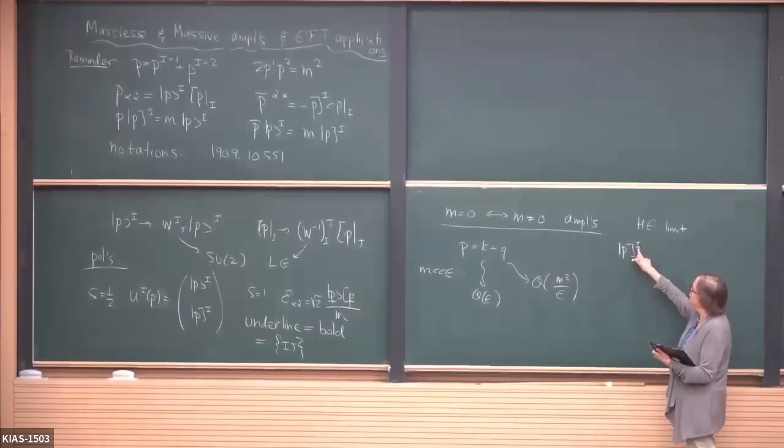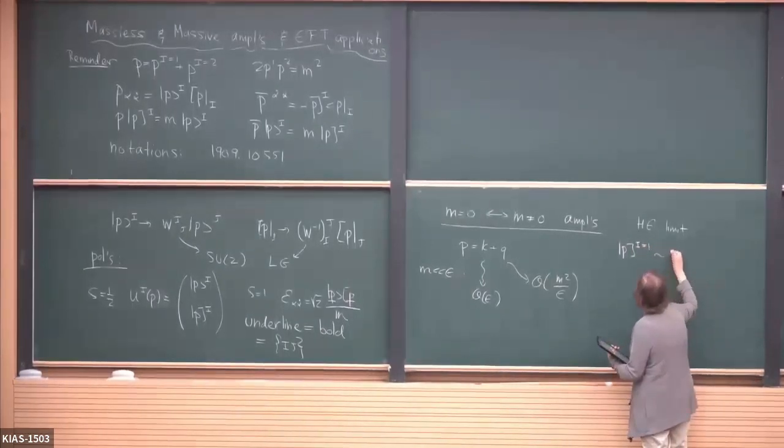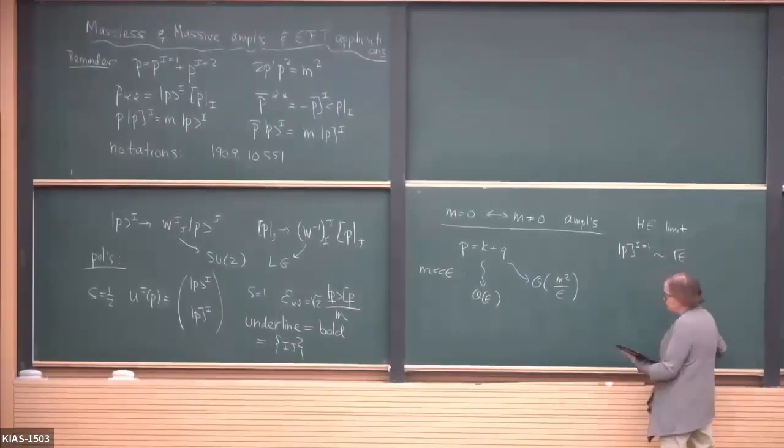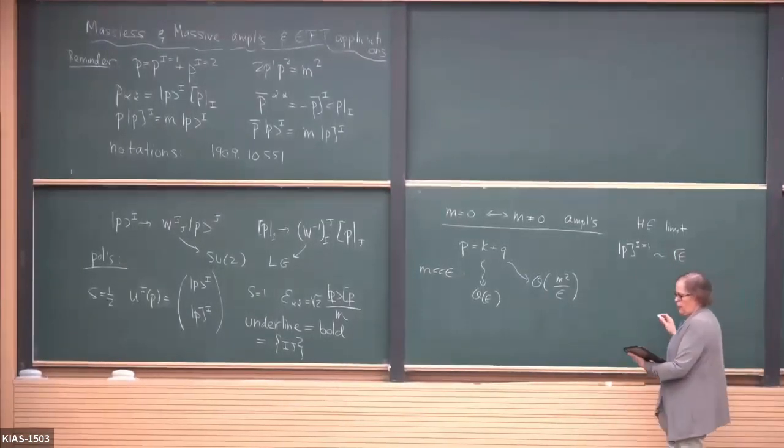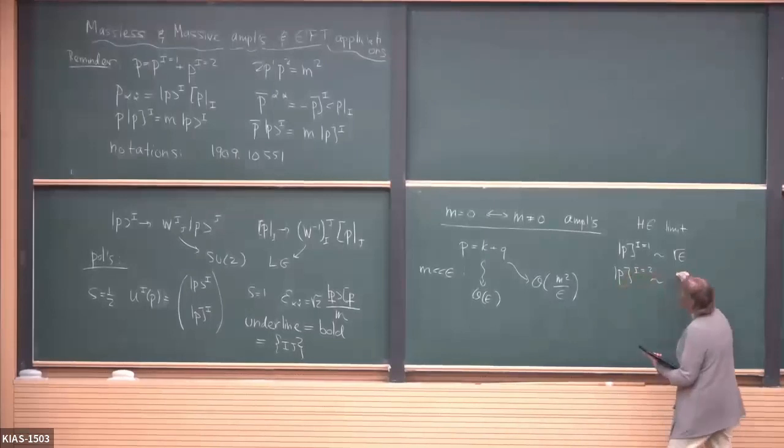For example, the square spinor with I equals 1 is roughly of order square root of E, but the other one, with I equals 2, is roughly m over square root of E.